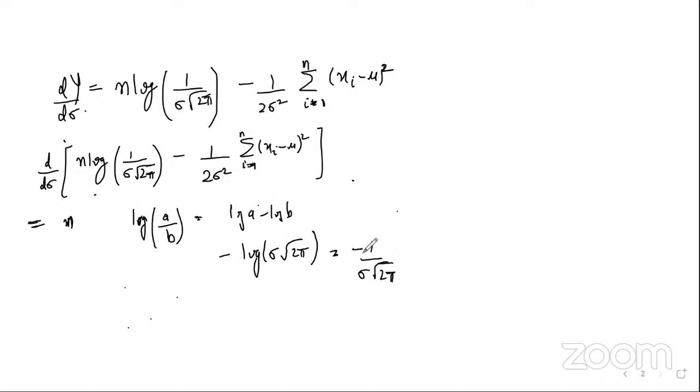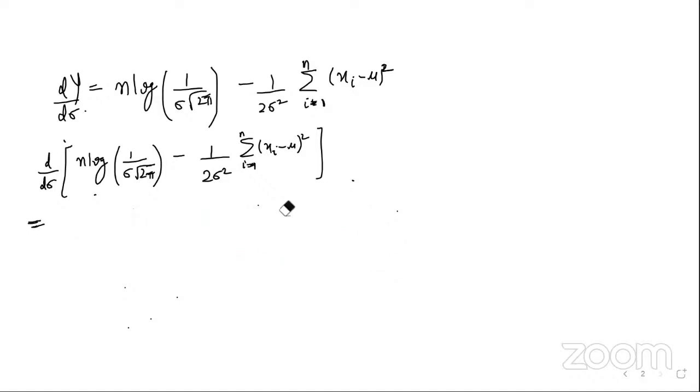So this should come out in the numerator. So we know that derivative of log x comes out to be 1 by x, right?